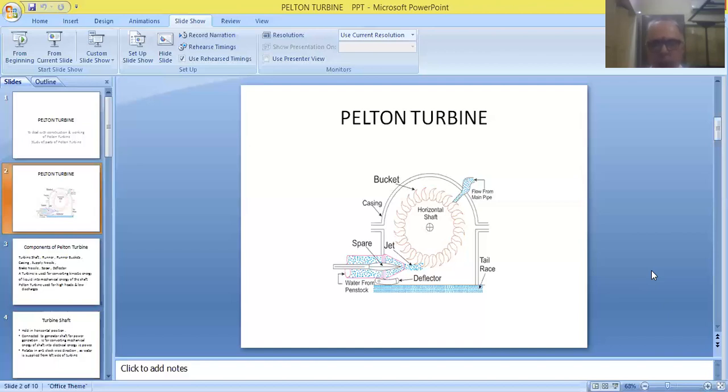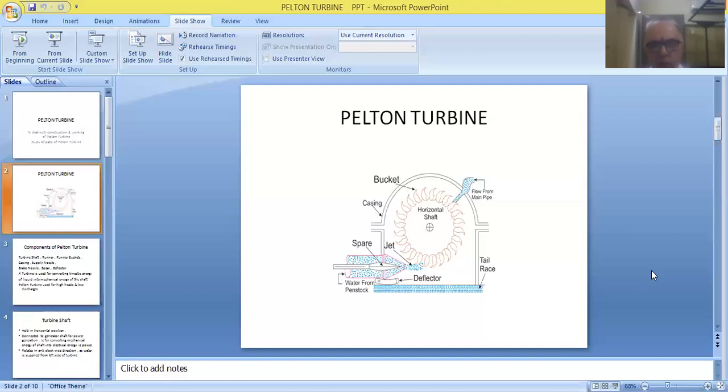That means the velocity of the liquid that is striking the runner blades will be maximum. So water will be striking the blades with a maximum amount of force, or with a maximum amount of velocity. Therefore, it is called an impulse turbine.